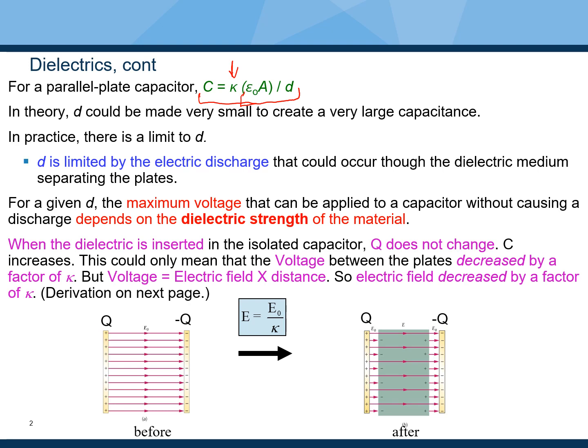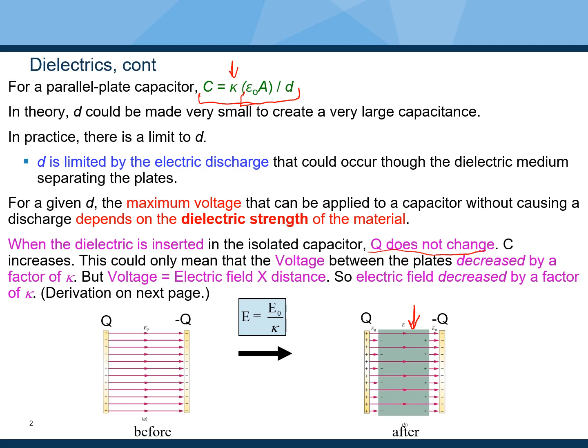So we realize that the better way to increase the capacitance of a capacitor is to keep the distance between the plates the same, however, to go ahead and put this sort of what we've shown as a green dielectric slug between the plates of the capacitor. What does it do? Now notice that inserting the dielectric between the plates of the capacitor does not change the charge on the capacitor.